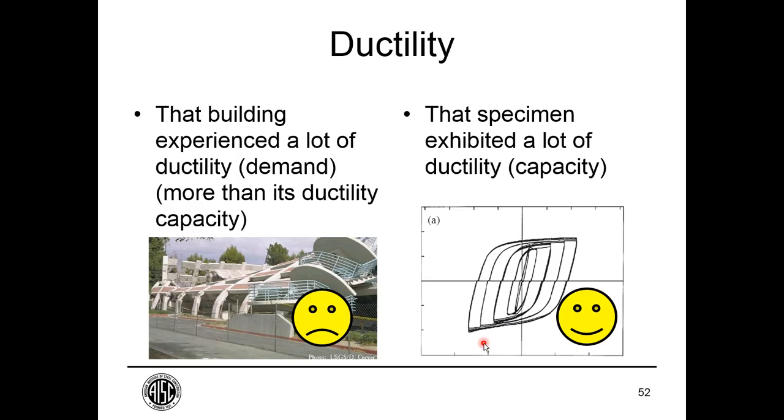And we can say that specimen, whatever it was, a moment frame beam, a buckling restrained brace, exhibited a lot of ductility, meaning that it has a lot of ability to deform. And we can use it in a high R factor system and rely on its ductility to provide for the system integrity at large displacements.